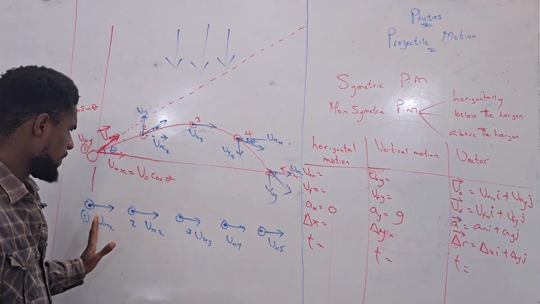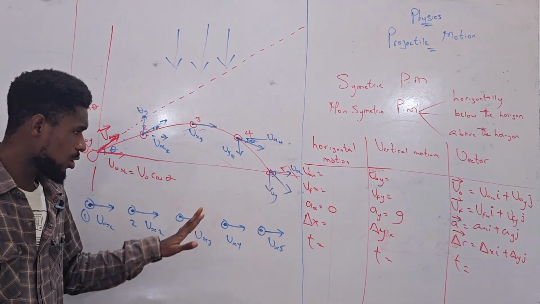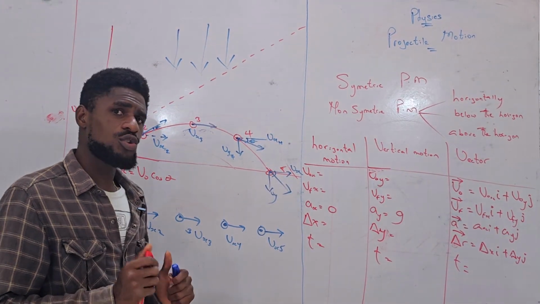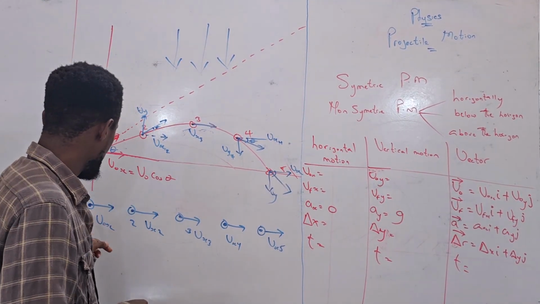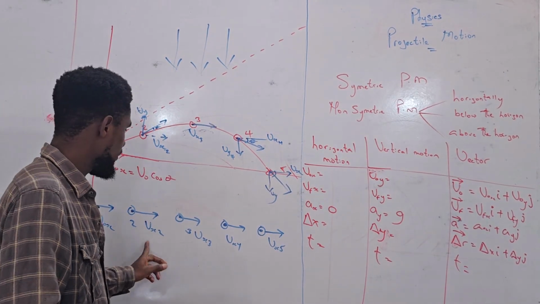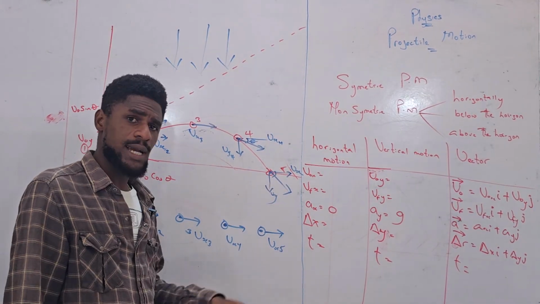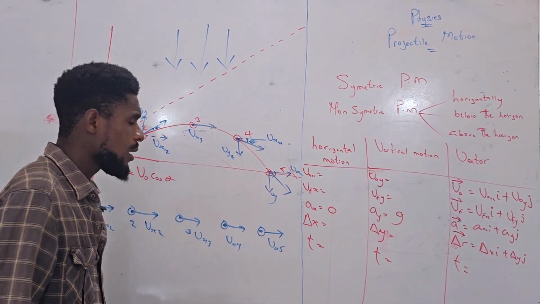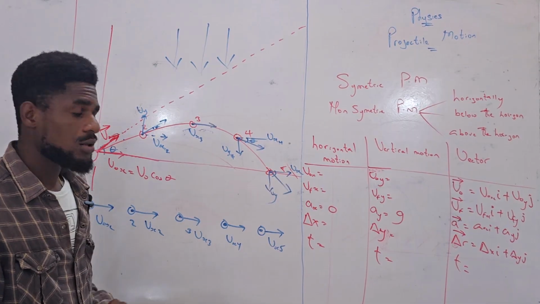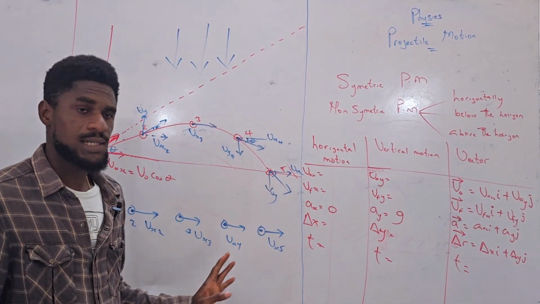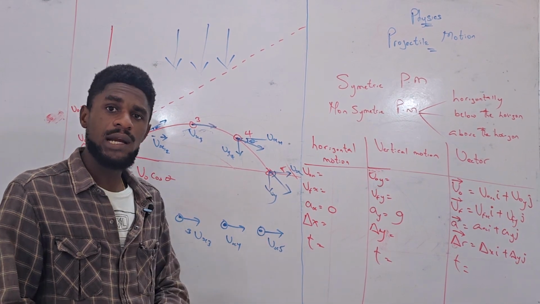Now, if you look at our velocity horizontally, only horizontal, the first question that comes to our mind: V1 moving towards the right, V2 towards the right, V3, V4, V5 towards the right. Is there any force acting on these velocities? Is there anything pushing or pulling it to propel it to move in this direction?